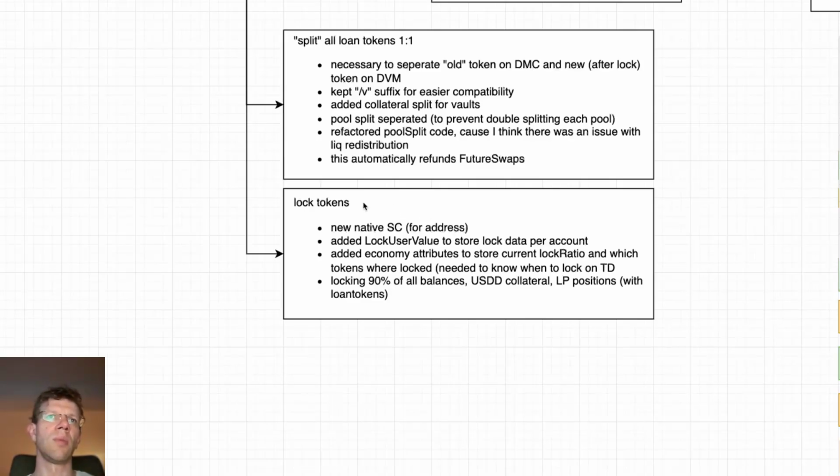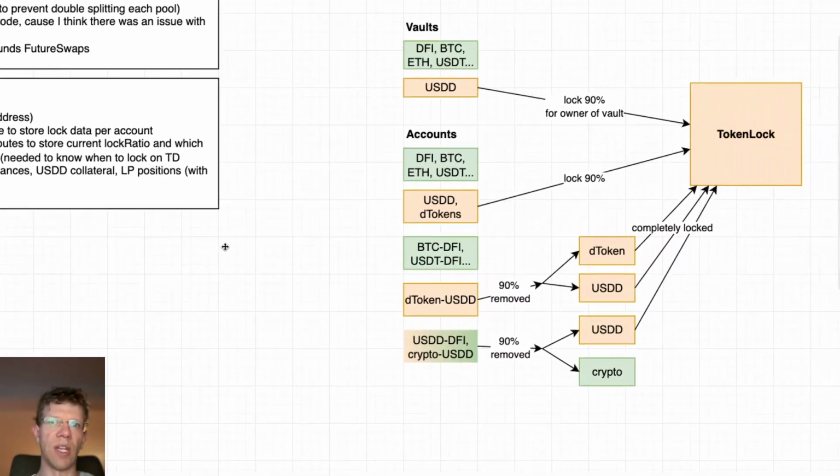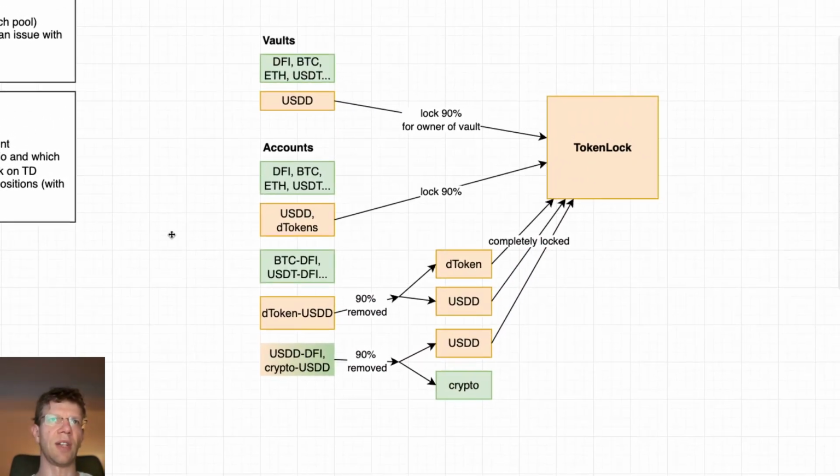And then after creating all that, I lock 90% of all the balances, USDD collateral, and all the liquidity positions with the loan tokens. So the liquidity positions with loan tokens, 90% get removed from the pool, and the according tokens get locked. To have a bit of a better understanding of that, I made a graphic again.